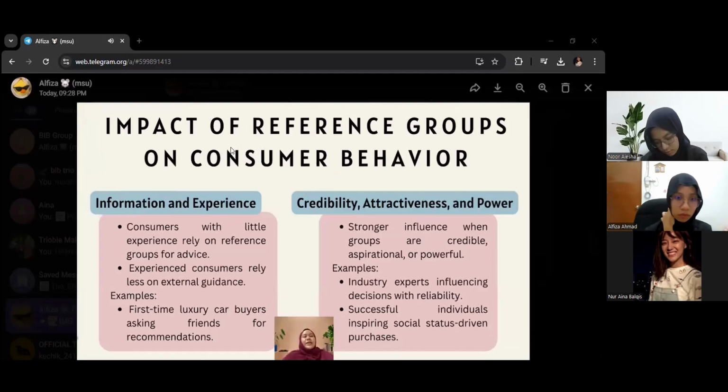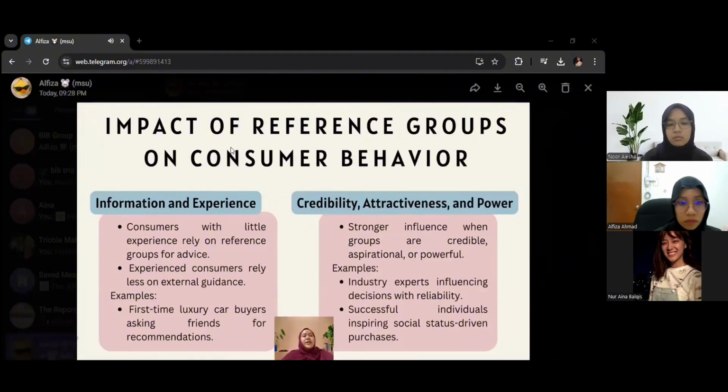Similarly, if a product is new or complex, people often look to trusted sources for recommendations to reduce the risk of a poor decision. In contrast, experienced consumers are less likely to rely on reference groups because they feel confident in their own ability to make informed choices.